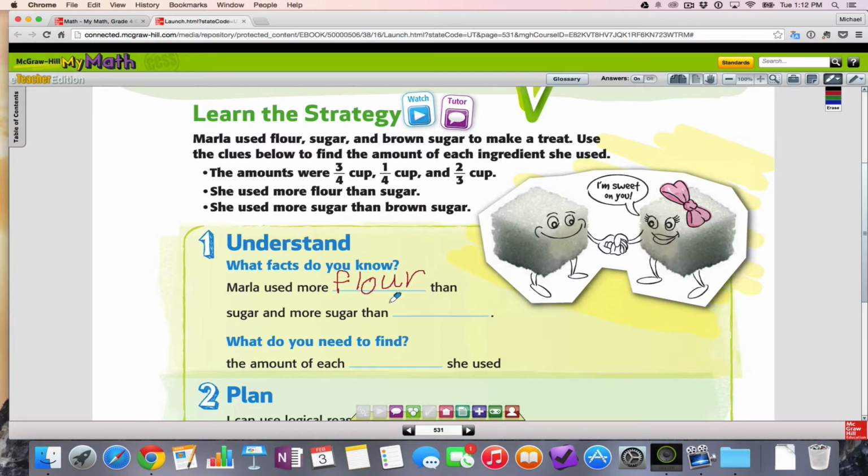And more sugar than brown sugar. So we need to find out the amount of each ingredient that she used.